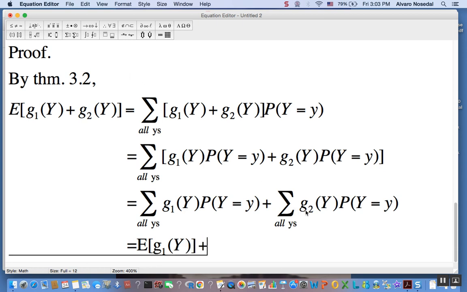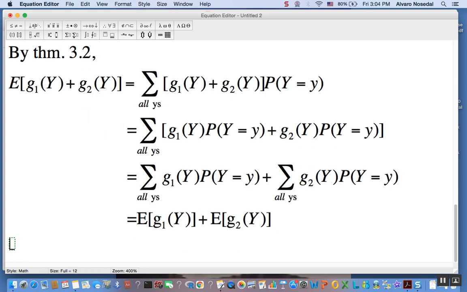And this guy here, same thing. That's going to be the expected value of g2 of y. Make sense? And that's exactly what we wanted to show. Expected value of a sum is the sum of expected values.